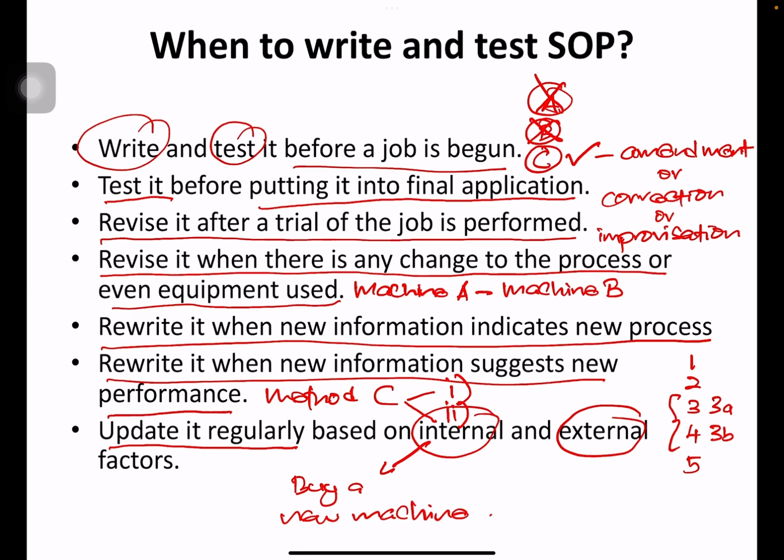External factors, for example, you have been taking the raw materials from supplier A. Then somehow, you need to buy the raw materials from a new supplier. Even though the materials will be about the same, perhaps there are certain other things being added to the raw materials, and because of that, you need to update the SOP.